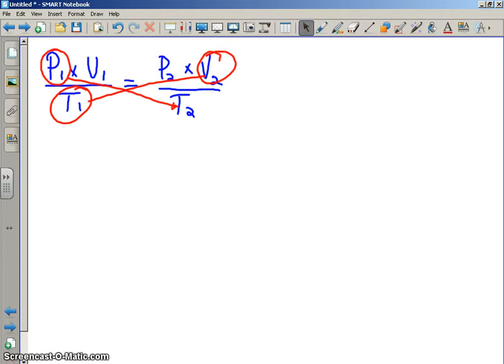Okay. So now we have to rewrite this. This P1 right here, that I just marked with the little dot, is going to multiply by T2, but it also has to bring V1 along. So here's what ends up happening.